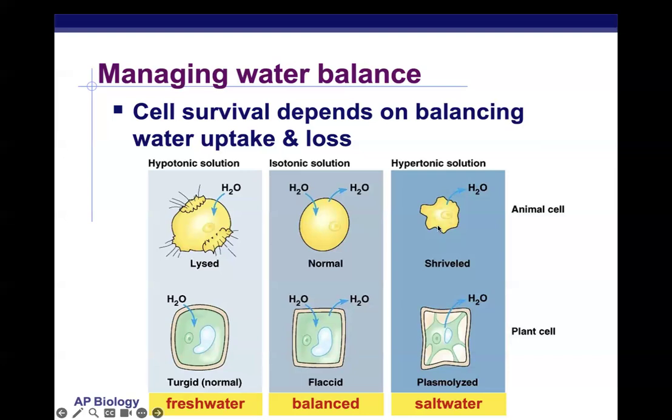Now, on the opposite side, if we put animal and plant cells into a hypertonic solution, water is going to want to leave the cell. In an animal cell, it will shrivel up. And in a plant cell, since we've got that cell wall, it can't really shrivel because it has a rigid cell wall there. It will plasmolyze, which means the plasma membrane will start to shrivel and actually pull itself away from the cell wall.